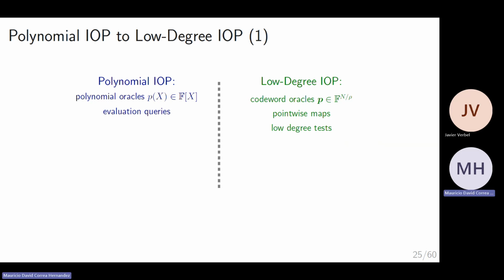We're going to move into what you might call a low degree IOP, where the prover sends vectors and the verifier gets to define new vectors in terms of old vectors using local maps. The verifier also gets to perform low degree tests. The entire vector goes into a low degree test, and then the verifier gets to know if it corresponds to a code word or not.